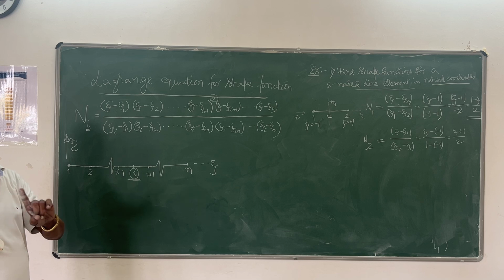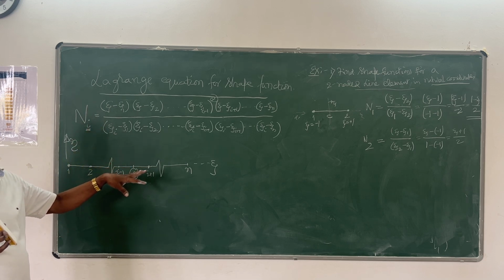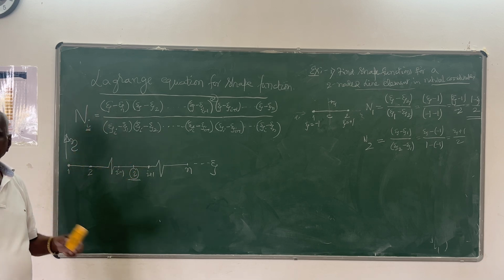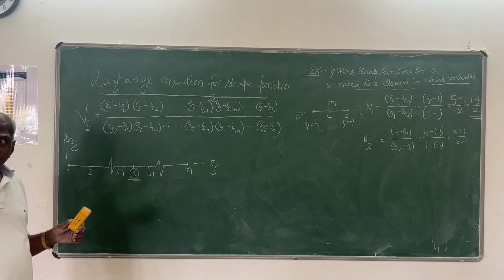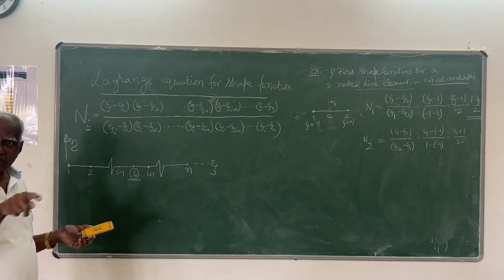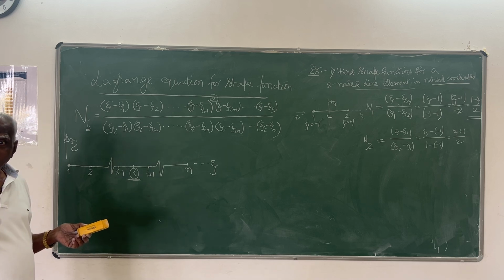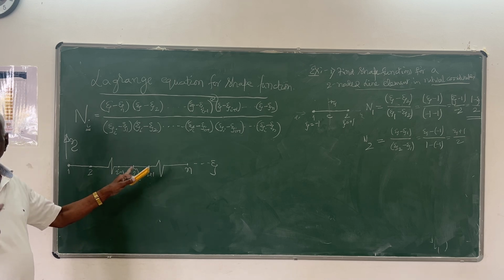I told you the limitations. This is applicable only for line elements and rectangular or square elements. Again, for higher order in rectangle and square, if nodes are present only along the boundaries, you cannot apply.